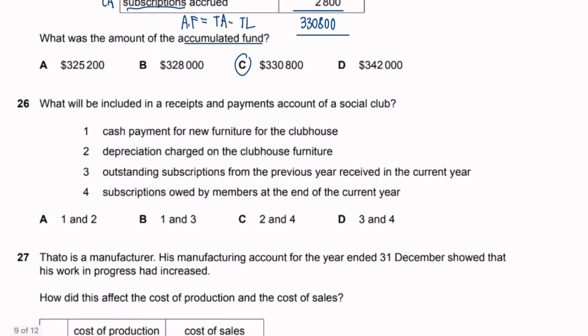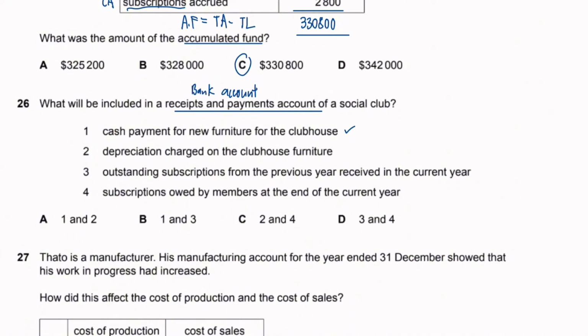Okay, 26. What will be included in the receipts and payments account of a social club? So the receipts and payments account is similar to the bank account, but it's for clubs and societies. First one, cash payment for new furniture for the clubhouse. Yes. So everything involving receipts and payments will be in this account. Second, depreciation charge.